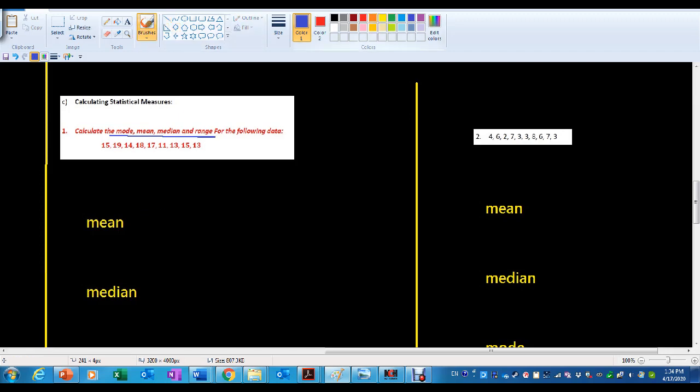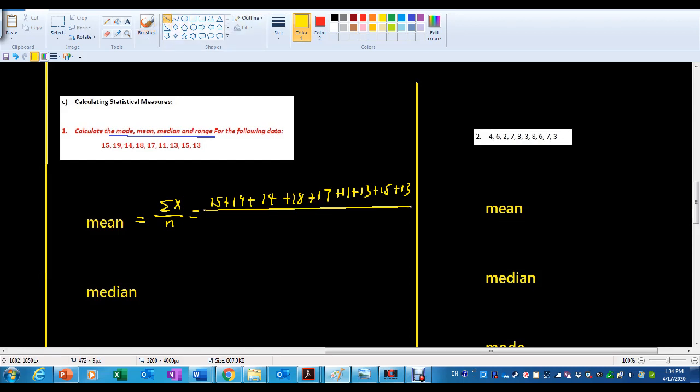Let's find the mean first. For the mean, what we're going to do is add up all the data: 15 plus 19 plus 14 plus 18 plus 17 plus 11 plus 13 plus 15 plus 13. And you are going to divide by how many of them?